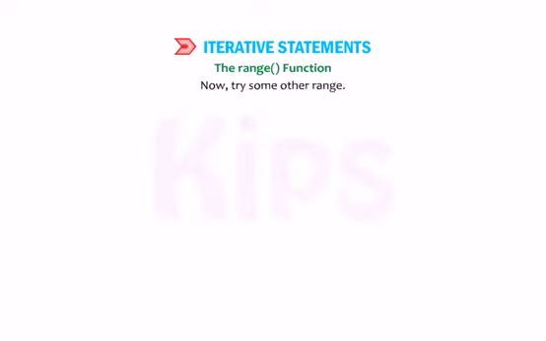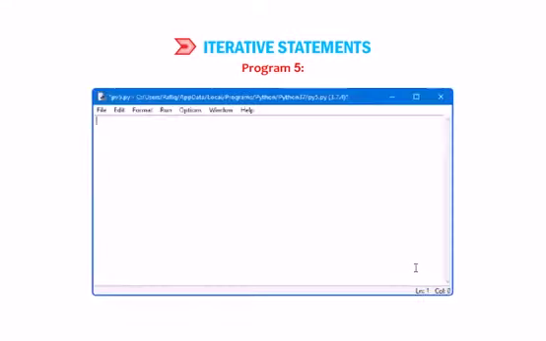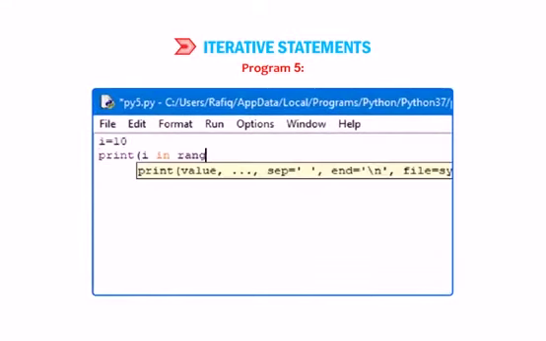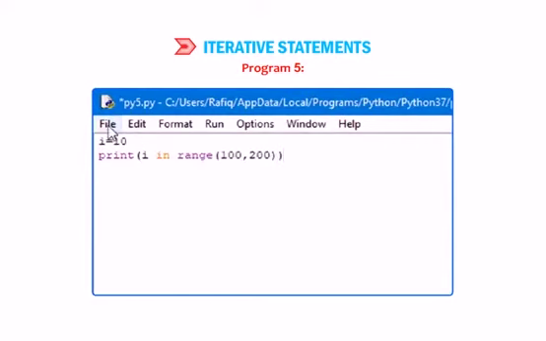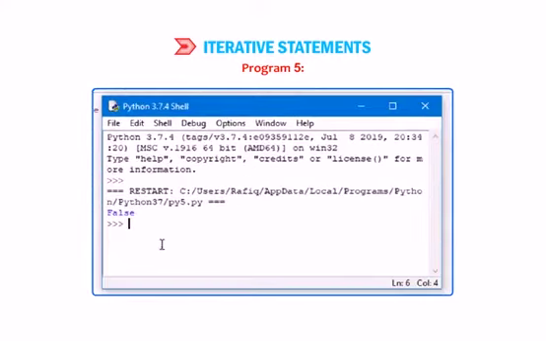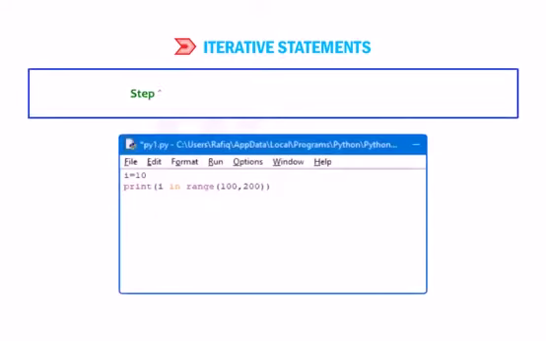Now try some other range. The output of the program will change accordingly. Program 5. Step 1.